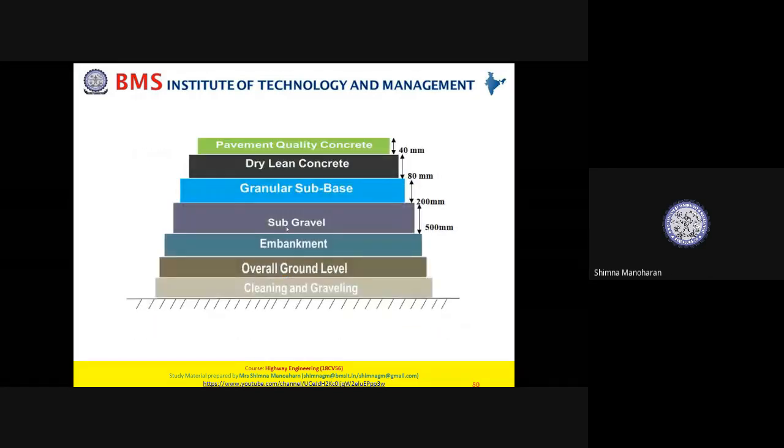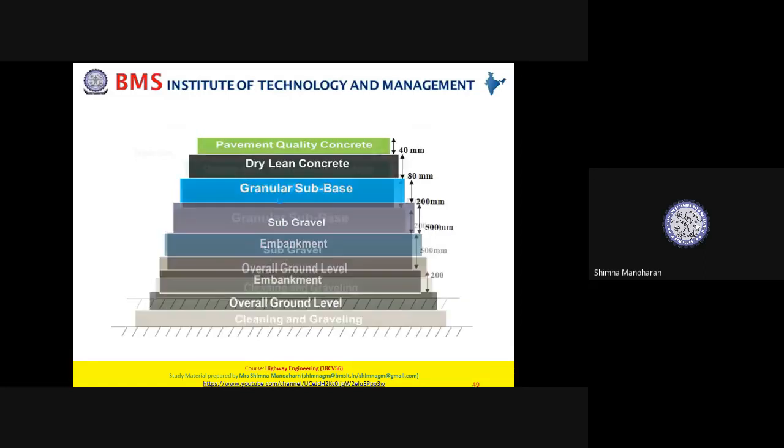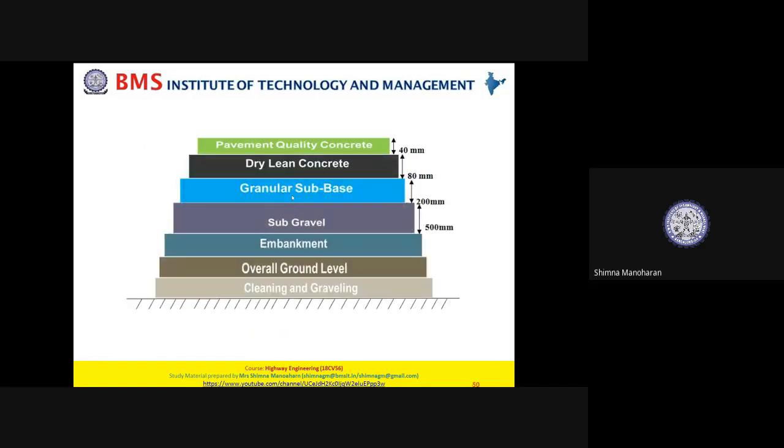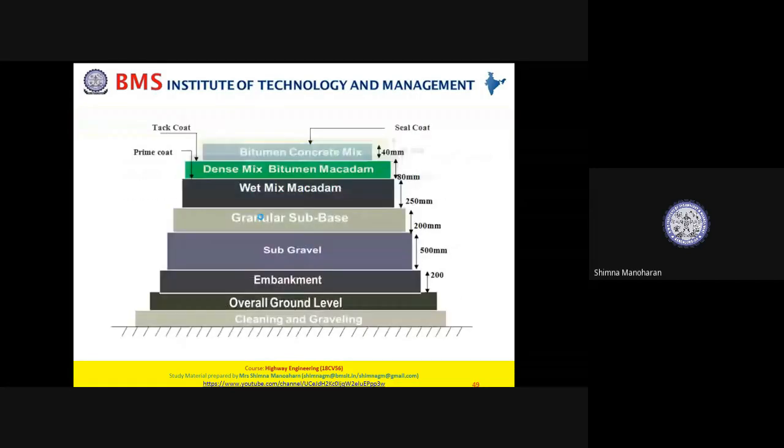Up to subgrade, it's the same. Then you have the granular subbase. Over the granular subbase here, you have three layers, whereas in rigid pavement, directly over the granular subbase, you have a dry lean concrete. In case you want a better quality pavement, quality concrete is laid. So this is the difference here. Okay, so this point is really important, the difference between rigid and flexible pavement.